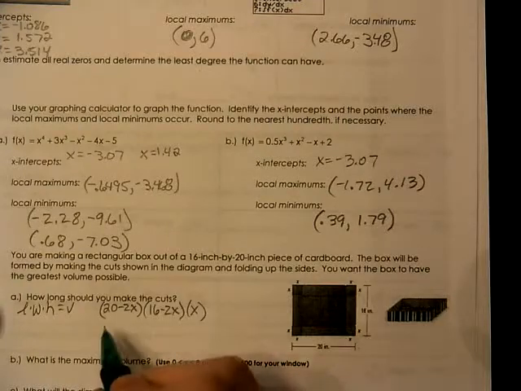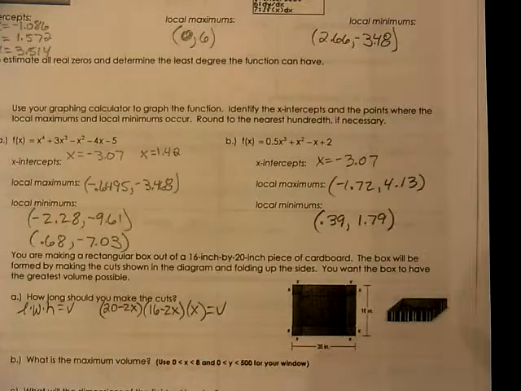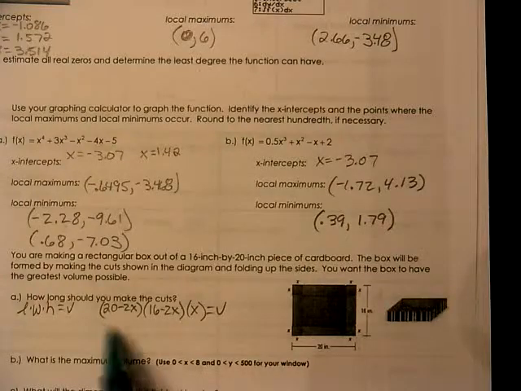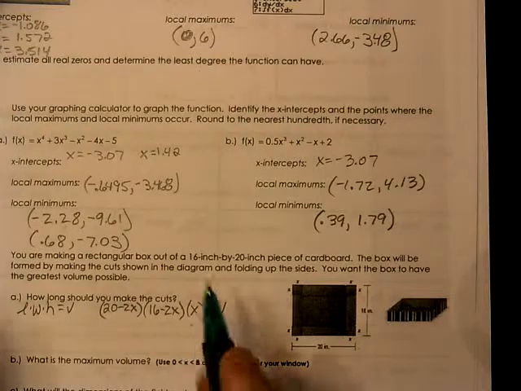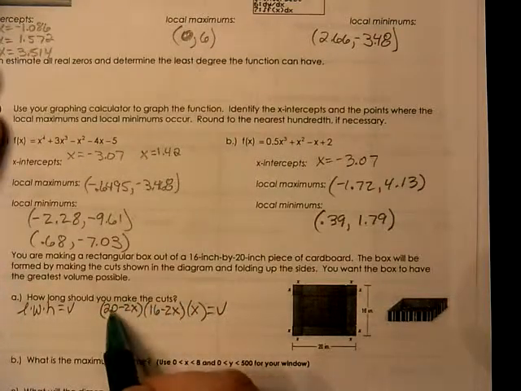And what we want to do is figure out what our volume is. So, the way that we've been looking at doing this problem, you could turn this into standard form by multiplying this all together. So we would FOIL this.